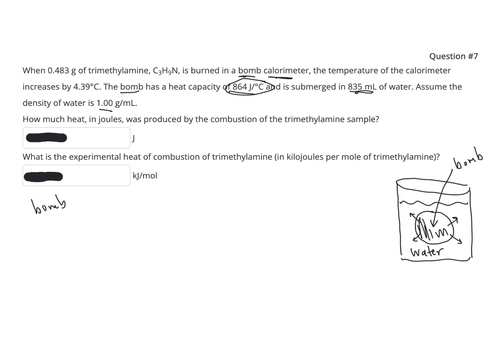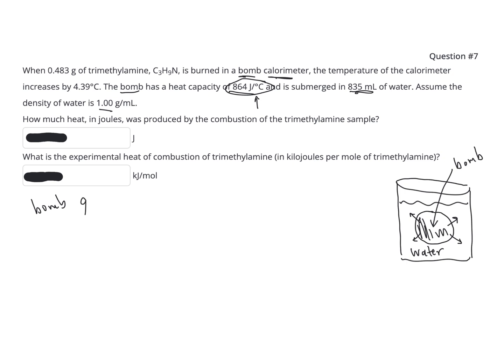As you can see, the heat capacity of the bomb calorimeter is just joules per degree Celsius. There's no mass there because this value is for the entire bomb calorimeter, so it's already including the mass. This is just for the entire unit itself.